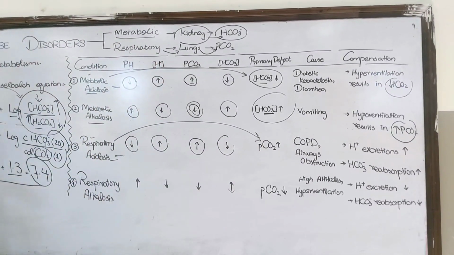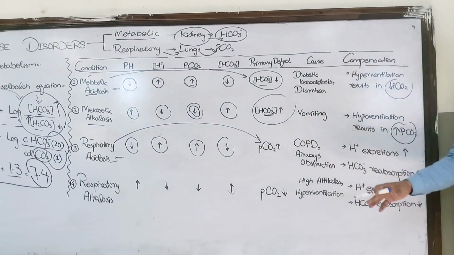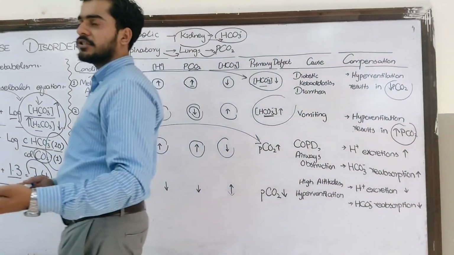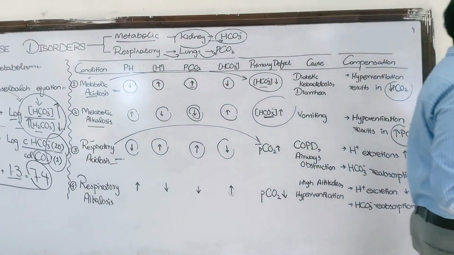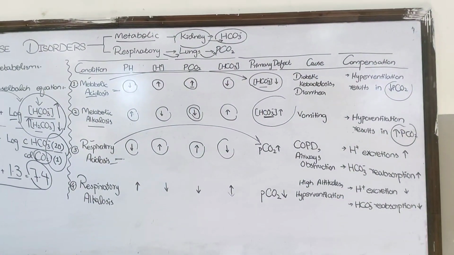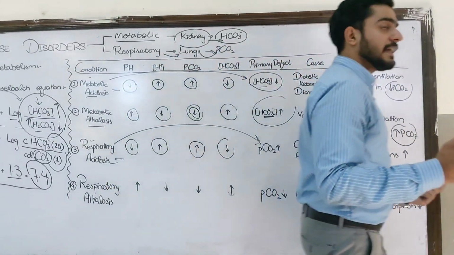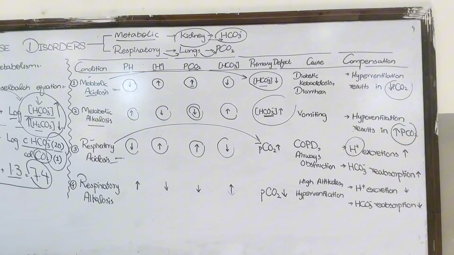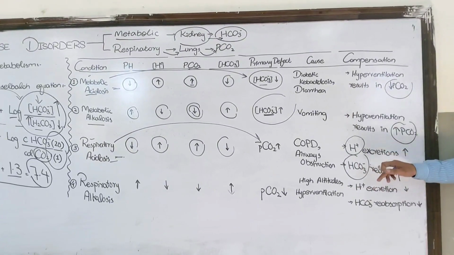lungs. So there is an increase in the partial pressure of the carbon dioxide, and it can be caused by COPD, a disease of the respiratory system, or some airway obstruction that can lead to increased partial pressure of the carbon dioxide. So finally, when there is an increase in the acidic substance, the kidneys start excreting hydrogen and increasing the reabsorption of the bicarbonate.